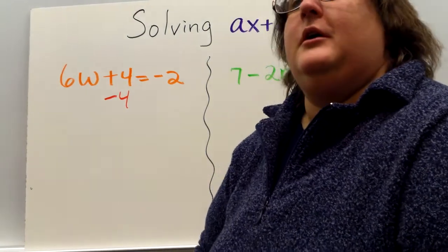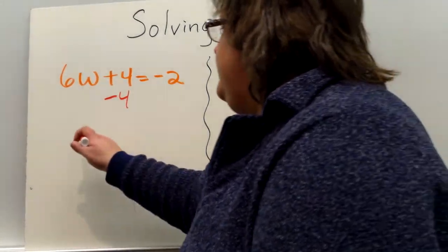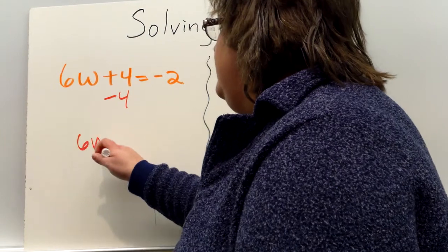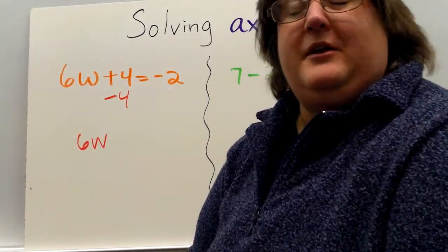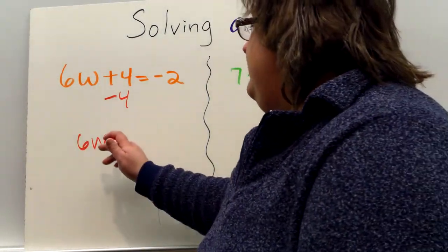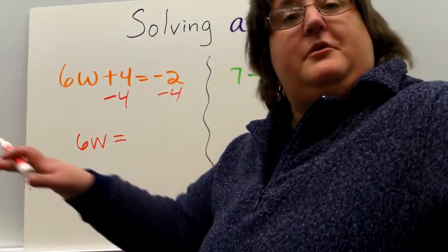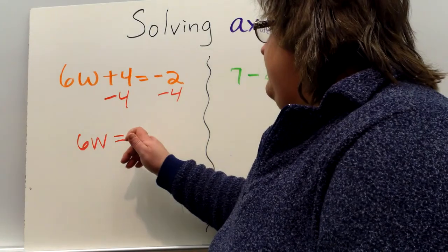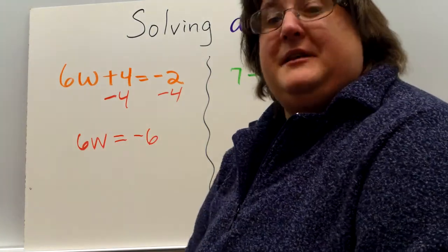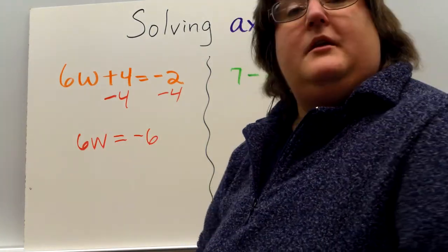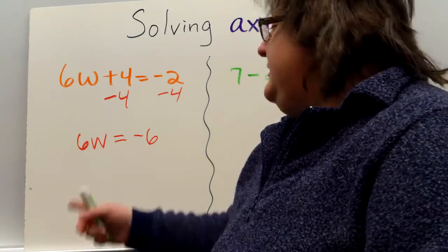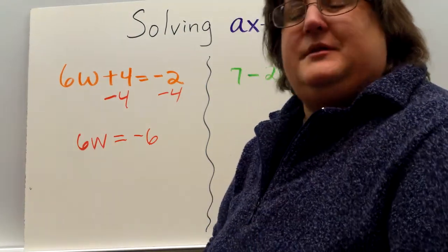Hey, 4, -4. We know that's 0, so we know that our new term that's going to be carried down is just the 6w, but we have to be consistent. That's why it's an equation. We want to keep that balance. So we're going to have a -6 on that side as well. We now have transformed the equation to something almost what we want.